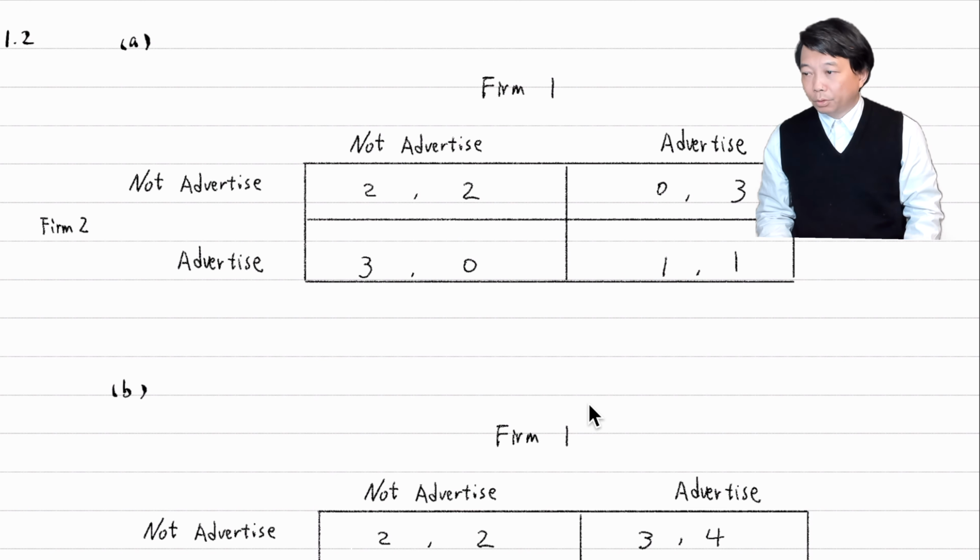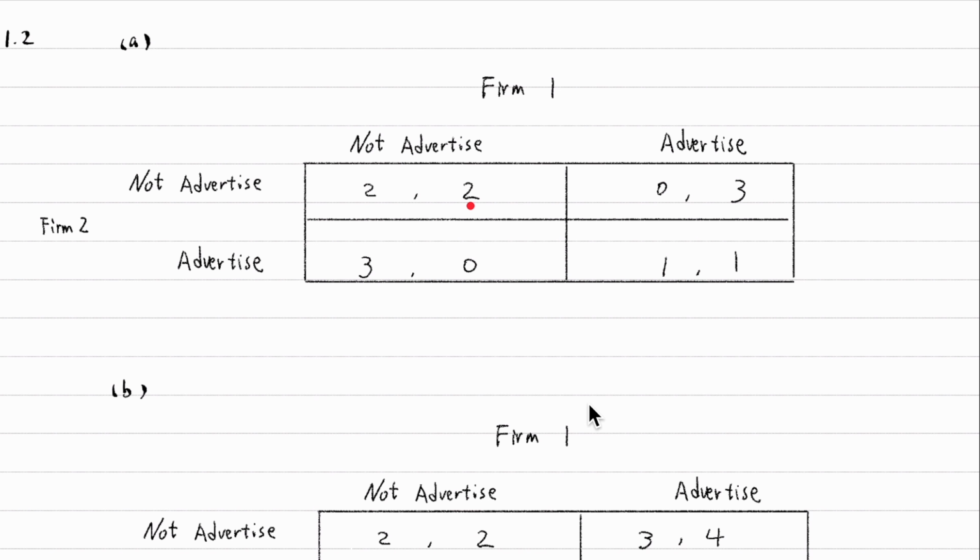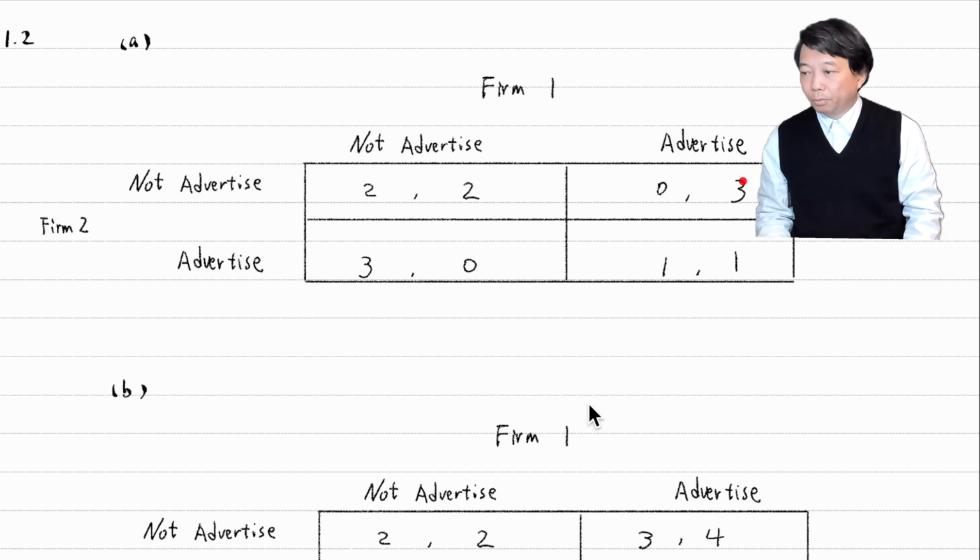Suppose firm 2 chooses not to advertise. Firm 1's best option is to advertise because it makes a profit of 3 if it decides to advertise, instead of 2 if it does not. We underline the number 3. Suppose firm 2 chooses to advertise.